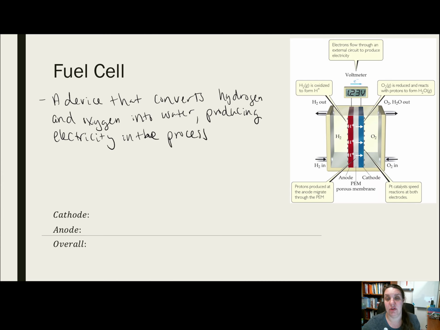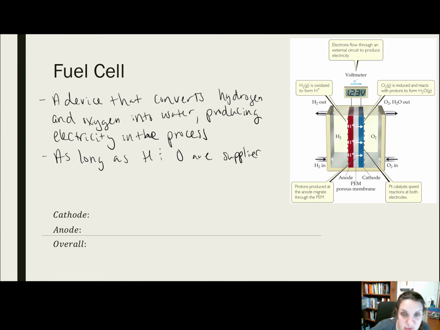This does not need to be recharged like most batteries, so as long as we continuously supply the hydrogen and oxygen, the fuel cell will never die. It's not something that you have to reverse and then go back forward.